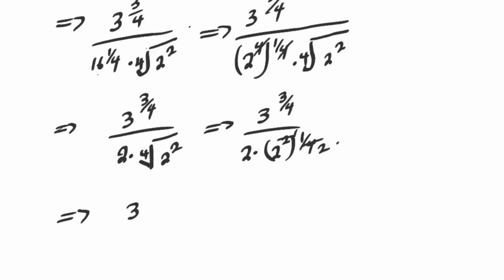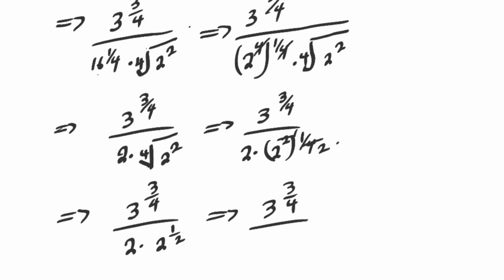Now this is 3 raised to the power 3/4 over 2 multiplied by 2 raised to the power 1/2, the same thing as 3 raised to the power 3/4 over 2 multiplied by the square root of 2.